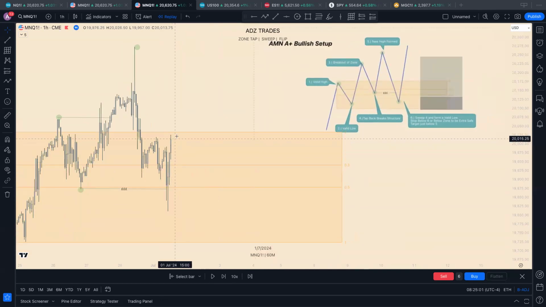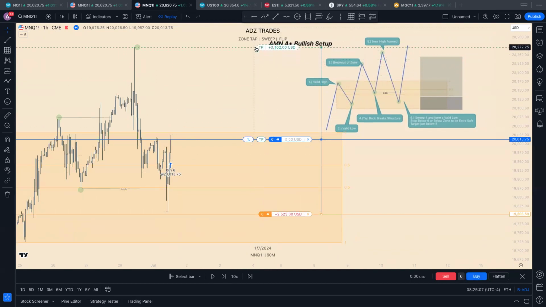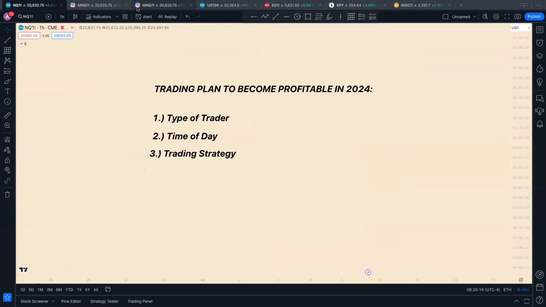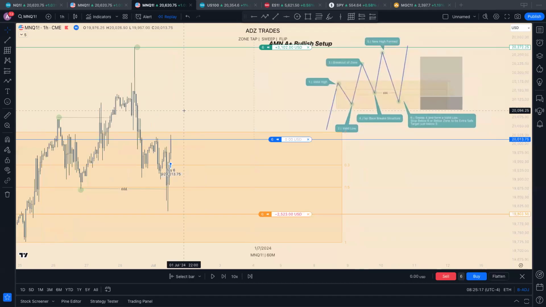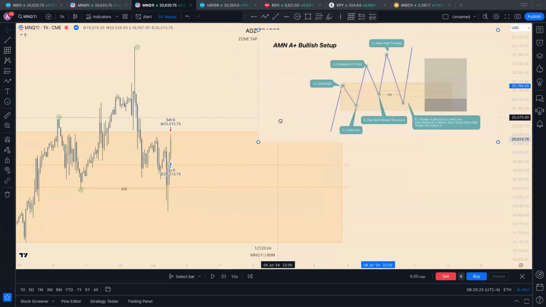Maybe you don't want to buy all the way up here because let's say your stop loss is below and your target is here. Let's say that's about a 1 to 1.5 risk to reward. We're going to get into that in the next step of our trading plan. But let's say your trading plan says ideally you should be getting at least 1 to 2s. Well, then you're not going to take this trade because it's outside your trading plan. So based on that, you would look for a more refined entry.